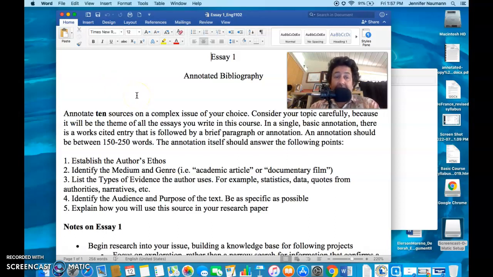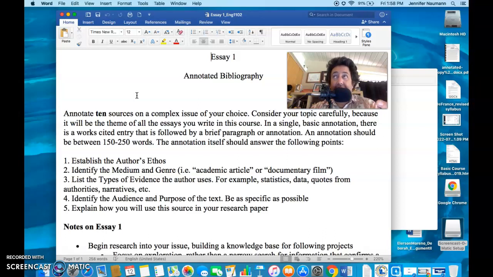Basically, the whole idea of the annotated bibliography is to evaluate your sources in a brief paragraph and put that evaluation in addition to a works cited page. You've all written papers, you know what the works cited page is, so let's start there, right?